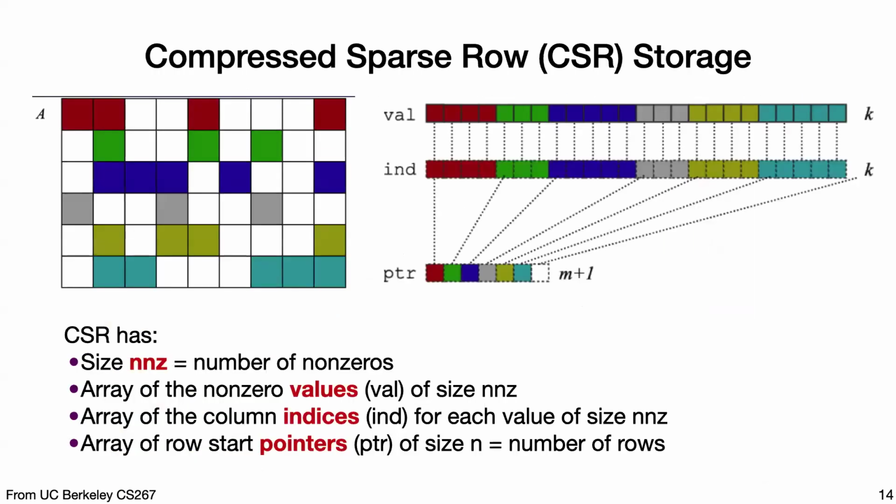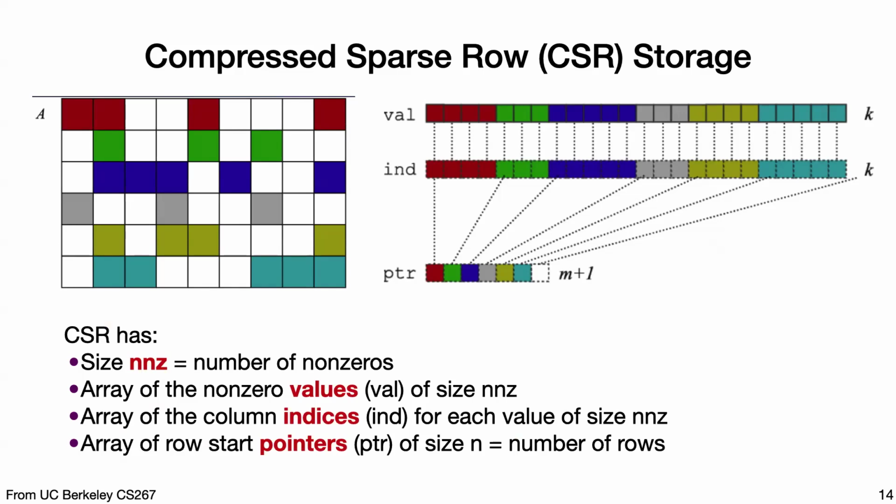So in CSR, you have several arrays. Suppose we're going to use NNZ to represent the number of non-zeros. Non-zeros, again, are just the elements that are actually there. You have an array of values of size NNZ, an array of column IDs of size NNZ, because every non-zero has some row ID, column ID, and value.